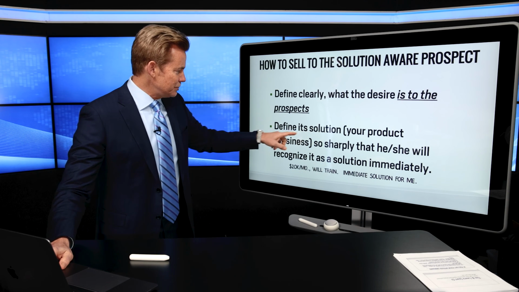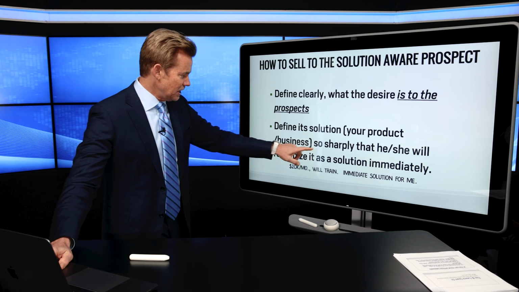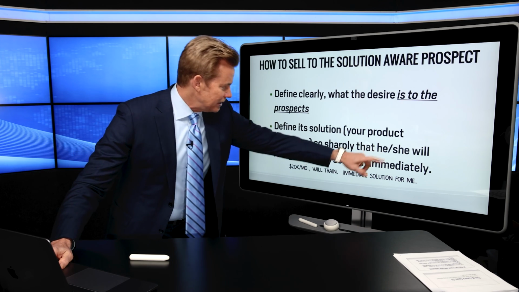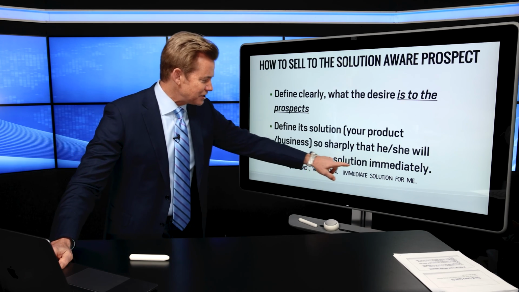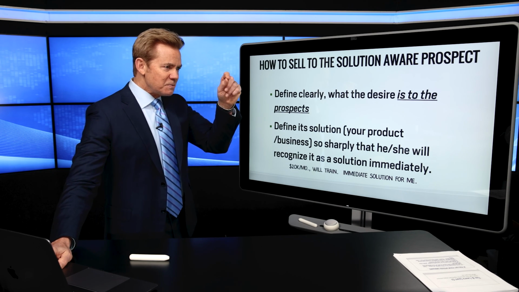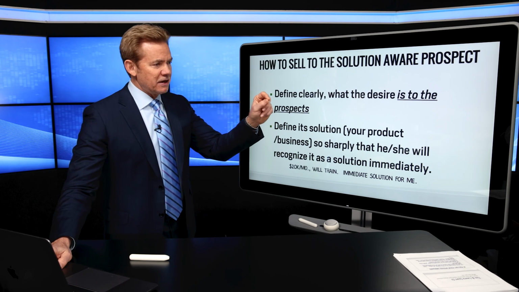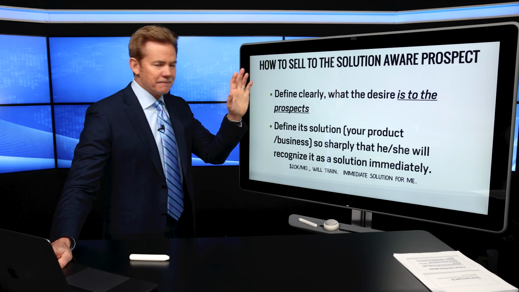Define its solution, your product or business, so sharply that he or she will recognize it as a solution immediately. $20,000 a month, will train. I didn't care anything about the car or the fancy suit.